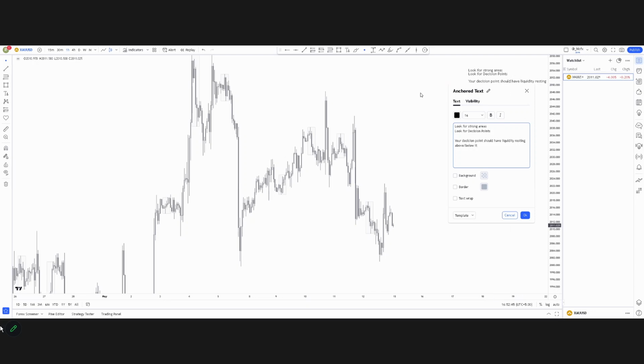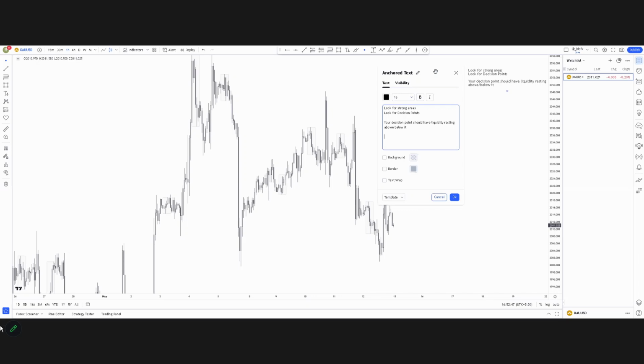Okay. The fourth thing is you need to have a trend line aligned with the SNR level.